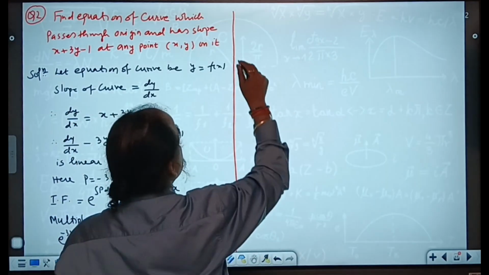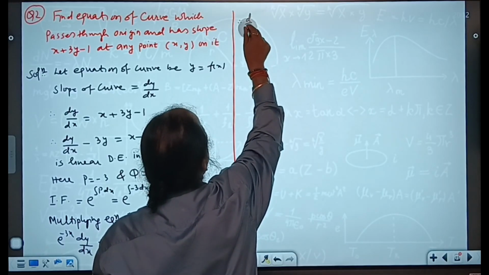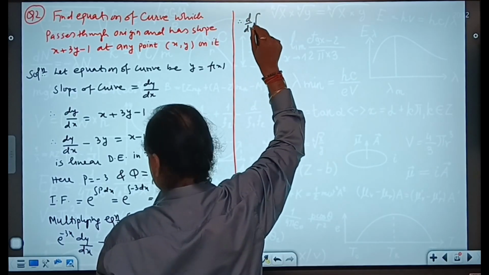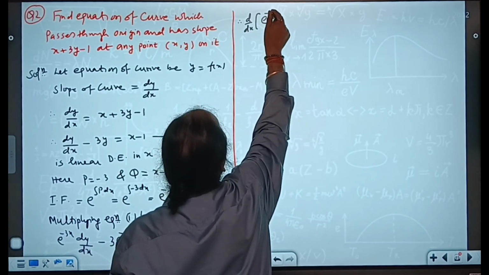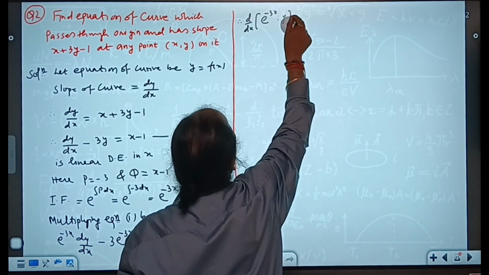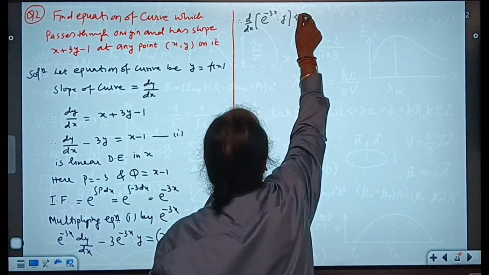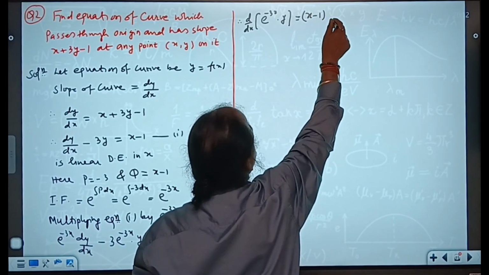Left hand side is what? d by dx of e raised to minus 3x into y is equal to x minus 1 into e raised to minus 3x.